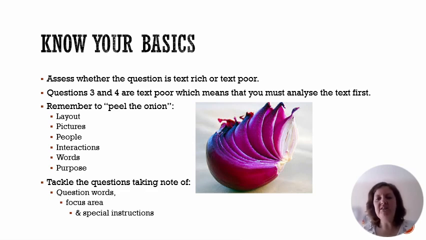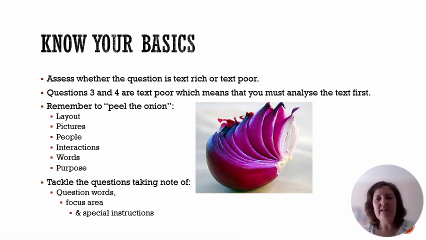How do we peel the onion? We start on the outside with the really eye-catching things, and then we slowly move our way inwards to the detail. All right, so when we're peeling the onion, we start by looking at the layout. Then we go on to look at the pictures and the people and their interactions.